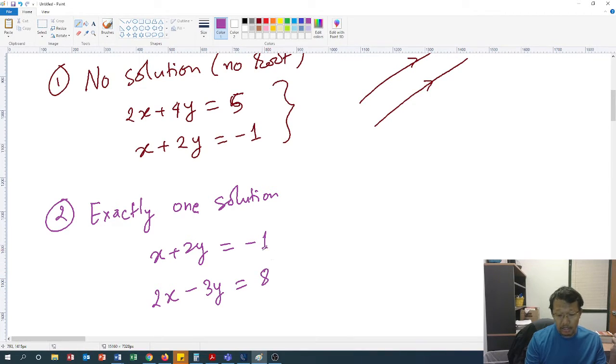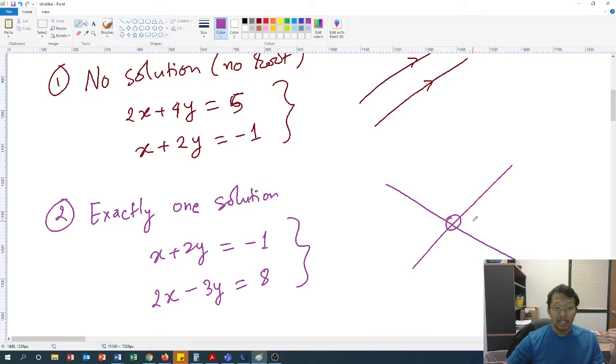Now here you can clearly see that their slopes are quite different. The first one becomes something just like this, the second one becomes something just like this, and this would be the point of intersection. So that's the solution, exactly one solution. And the lines are independent of each other, meaning they do not have any relationship between them.